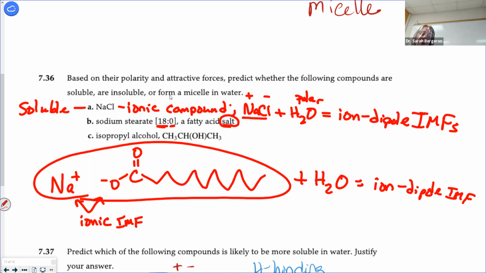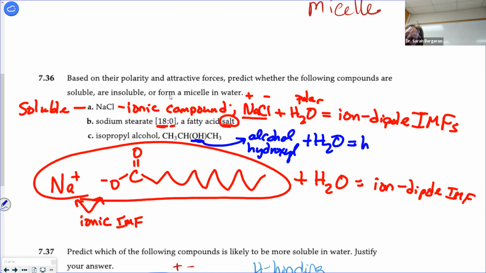Okay, isopropyl alcohol. What do we have in isopropyl alcohol? We have an alcohol. So an alcohol or a hydroxyl plus water, these are both what? They both have dipoles, but is that the strongest interaction that's present? No. What kind of interactions can alcohols and water do? Hydrogen bonding.